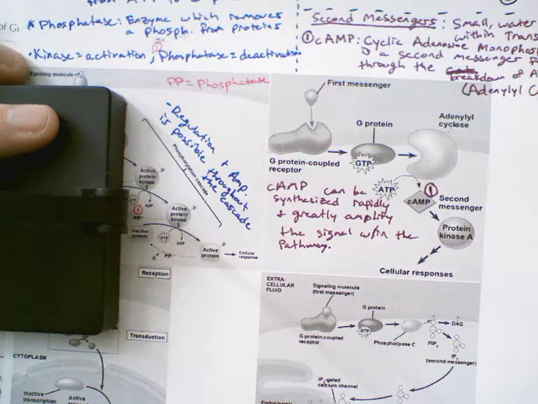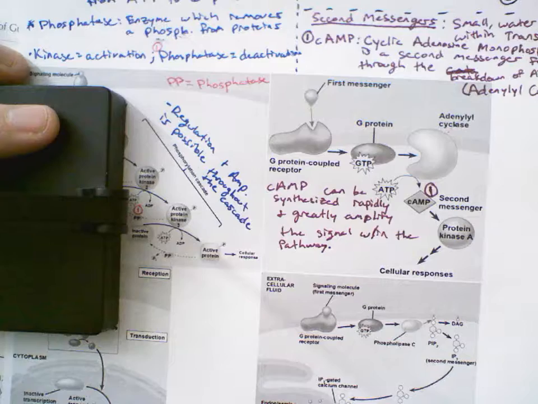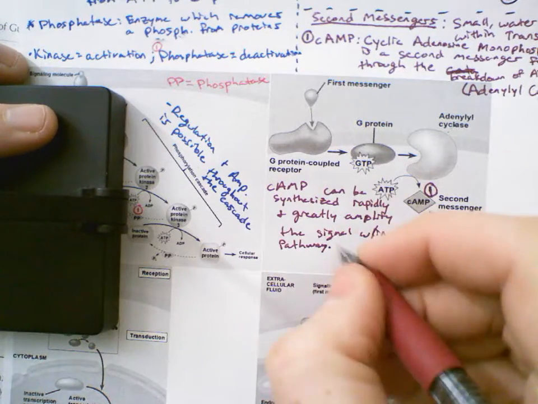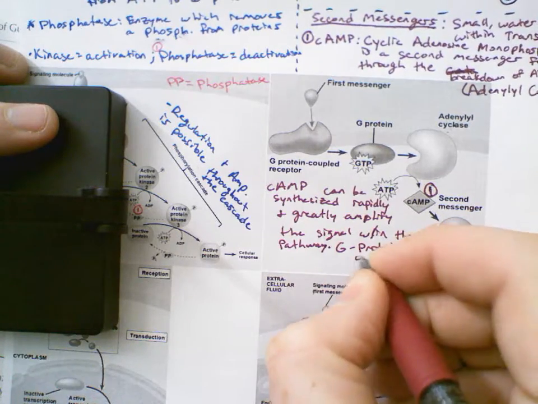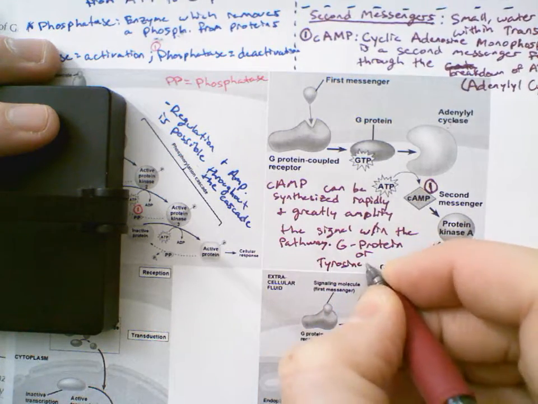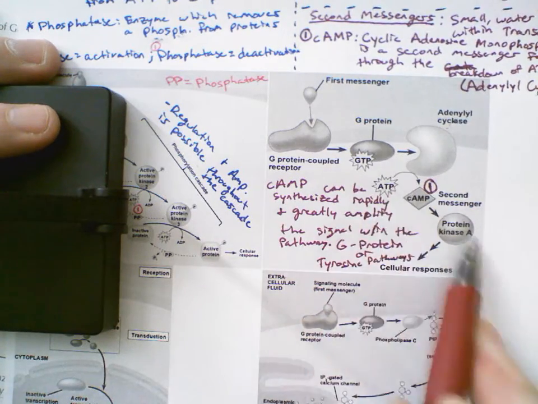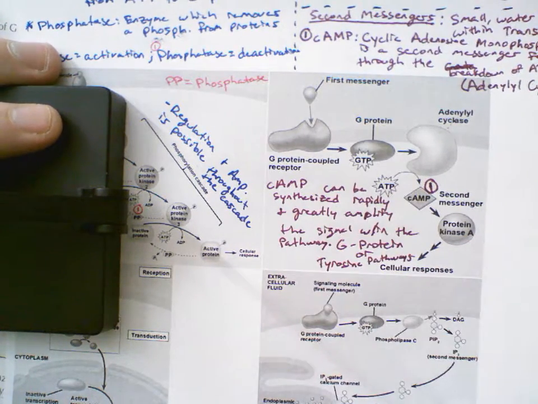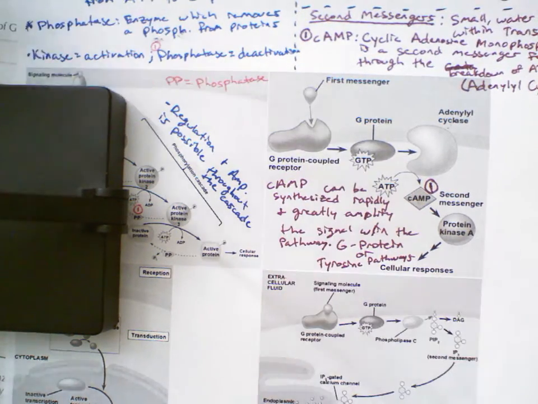And we see these not only in the G protein pathways, but also in the tyrosine pathways that we talked about yesterday. So this could be in G protein or tyrosine receptors. So I didn't want you to see this diagram and think, okay, this only happens with G proteins. No, it doesn't really matter what the original message is being received by. Second messengers are used all the time within these pathways.